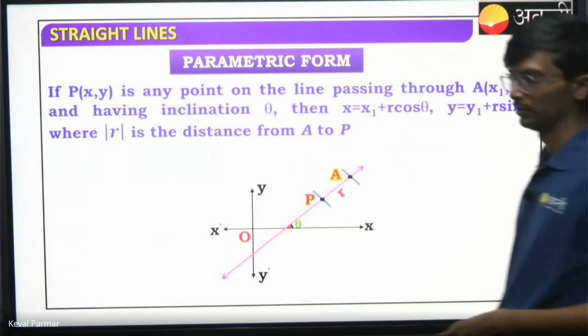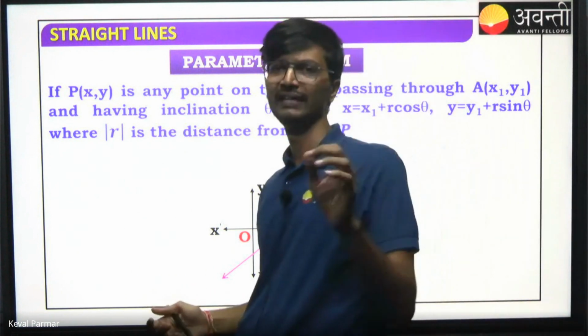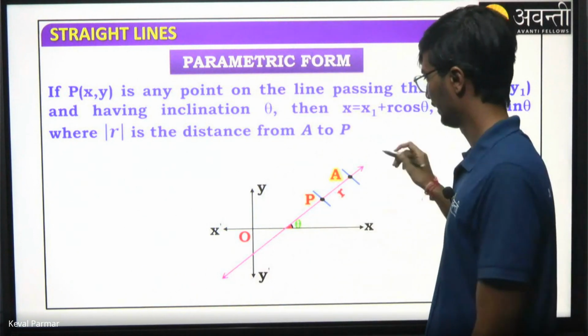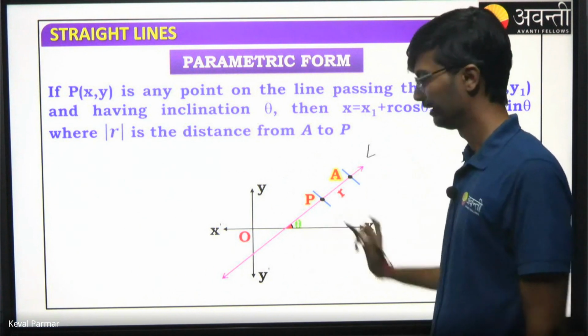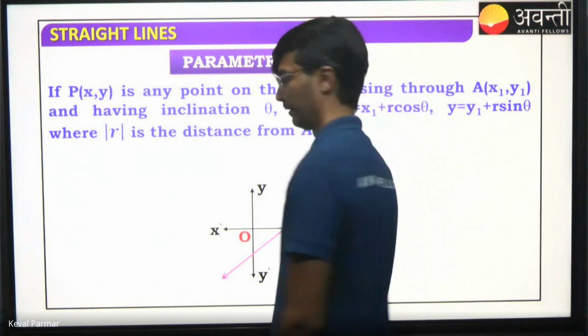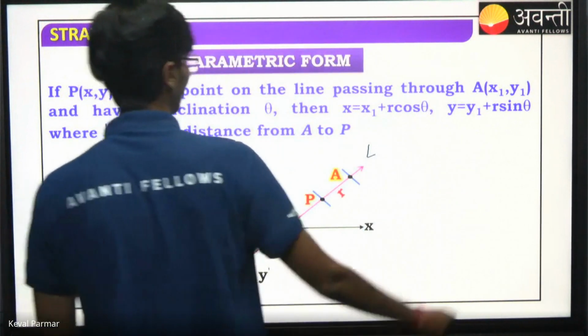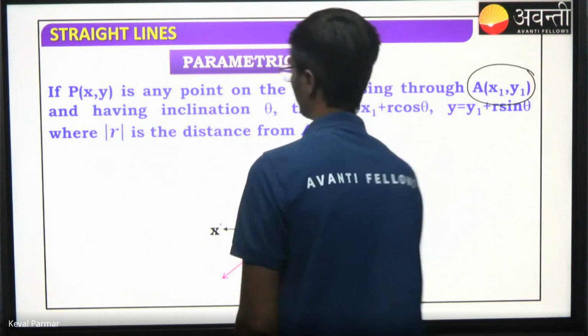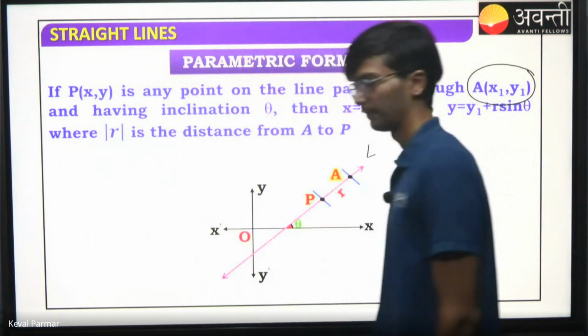Here, let me explain. This is a line L whose inclination is theta, correct? And point A is given as x1 comma y1, correct?